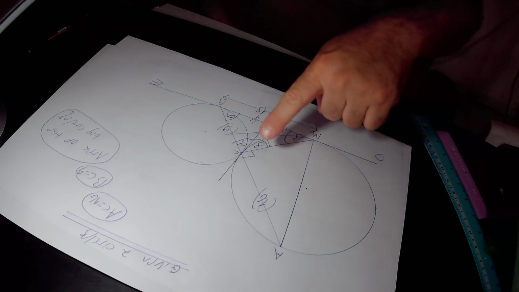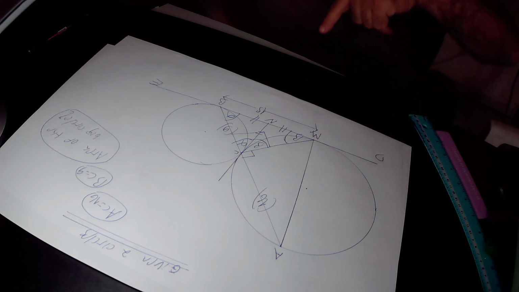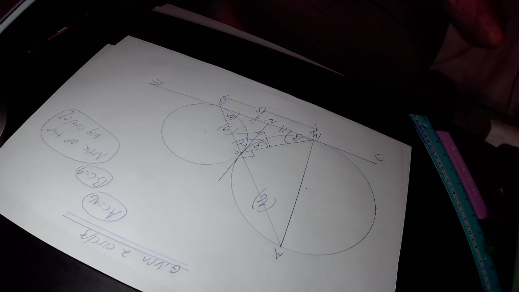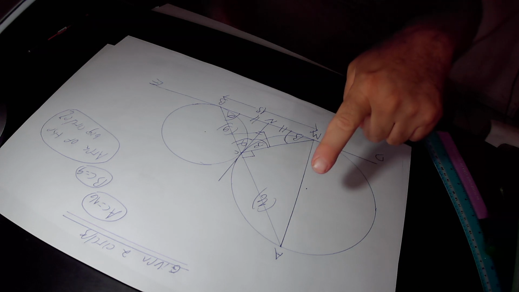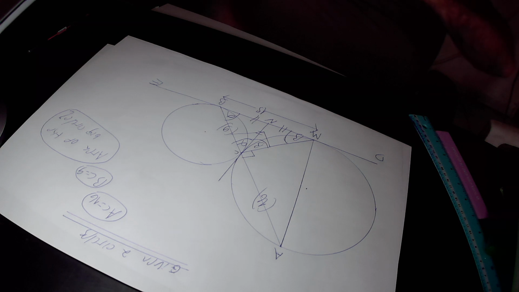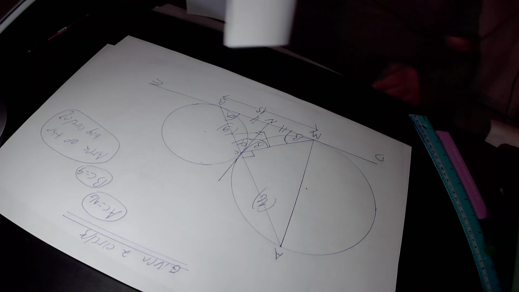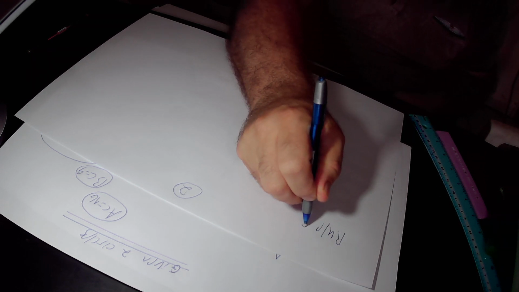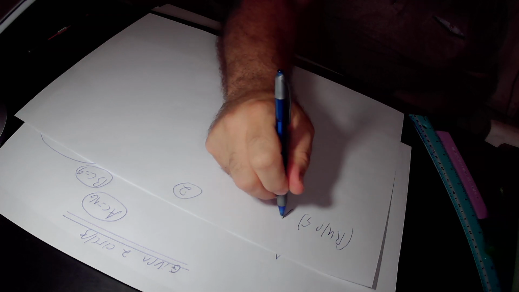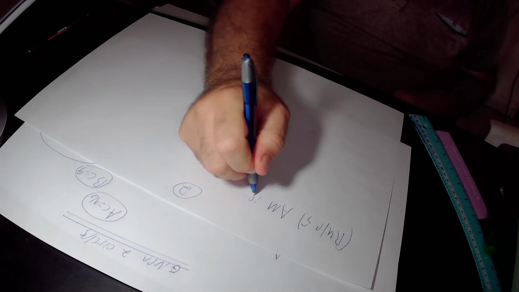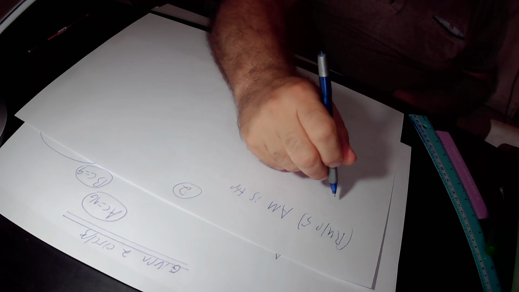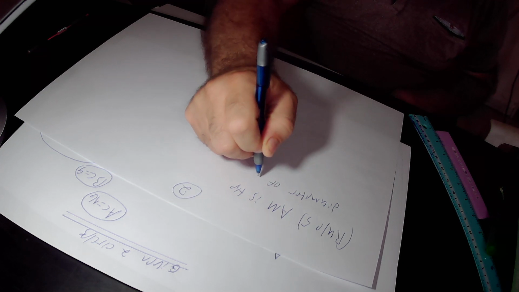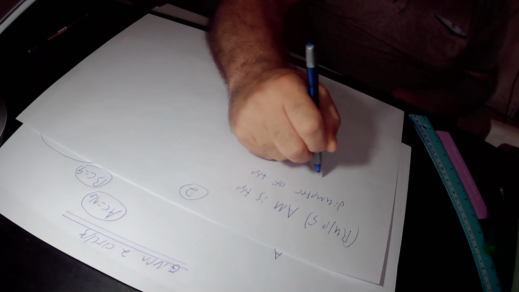But peripheral angle ACM, that is a right angle, subtends on AM, and therefore AM must be the diameter of this circle according to rule 5. So I write it down. We found out that AM is the diameter of this circle. So again, according to rule 5, chord AM is the diameter of the big circle.